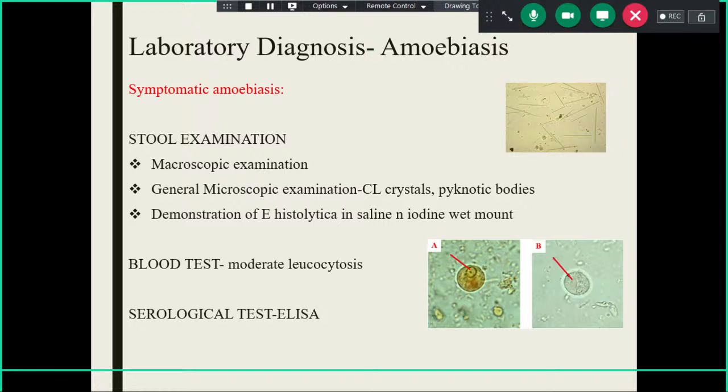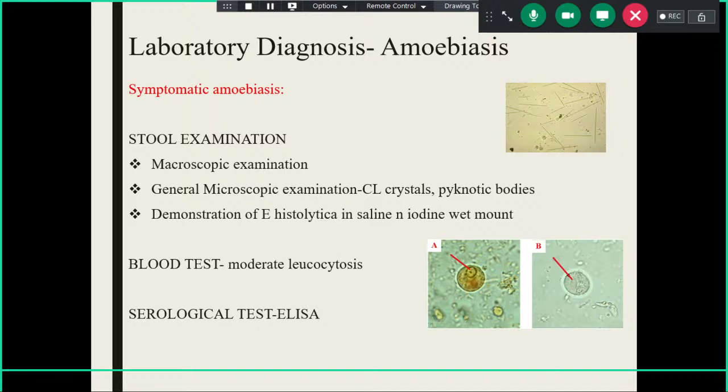But again, since in India we live in a compromised society where the hygiene practice is not as good as developed countries, so in our country the IgG positivity is very high. I will say 90 to 95%. But again, only antibody positive in a patient does not indicate that the signs and symptoms may be due to Entamoeba histolytica.